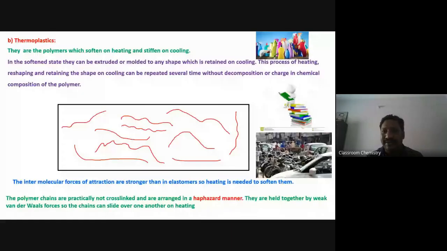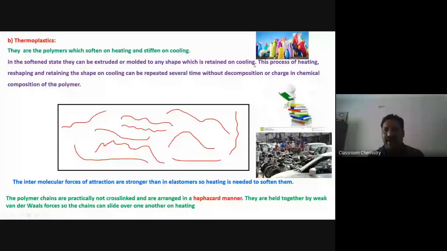In the softened state, they can be heated or molded to any shape, which is retained on cooling. So when you soften this polymer, you can mold it in any shape, and when you cool it, that shape is retained. This process of heating, reshaping, and retaining the shape on cooling can be repeated several times without change in composition.